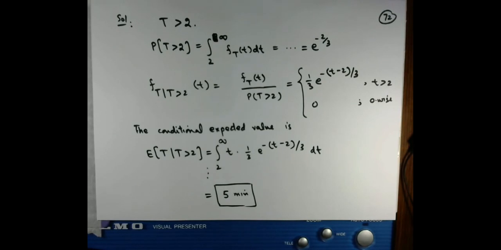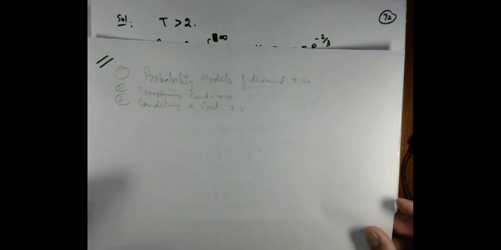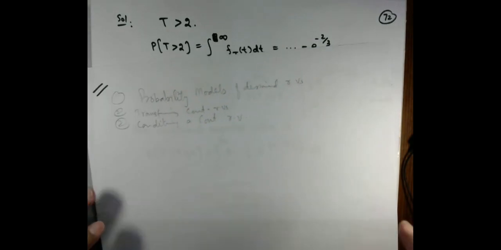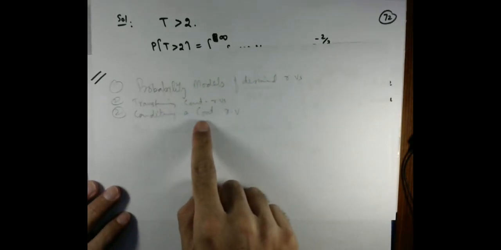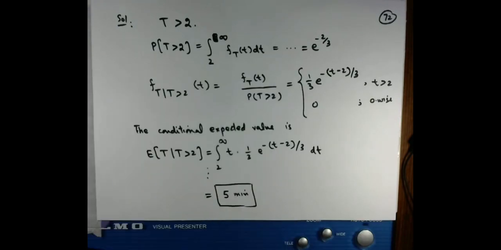So dear students, we have thoroughly discussed 3 topics in this particular lecture. Initially it was probability methods of derived random variables, then we learned how to transform continuous random variables, and ultimately we discussed the conditioning of continuous random variables, and along the way we solved some interesting examples.